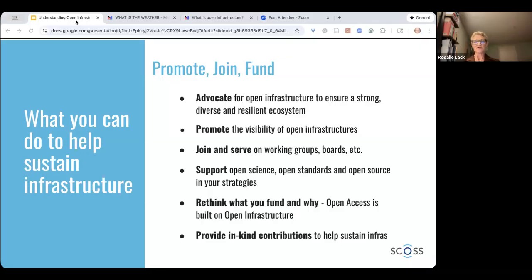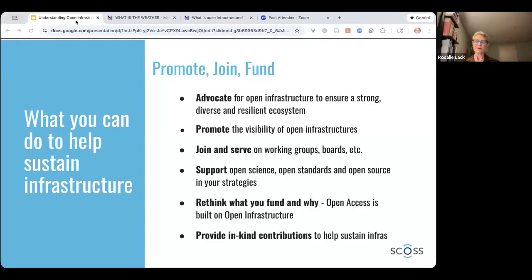Promoting the visibility. If there's one that you particularly like to use, tell your colleagues and others about it. Many of you are leaders in your community, so maybe consider joining or serving on a working group or joining the board of one of these open infrastructures. That's another way to contribute and make sure that they're supported with your expertise.